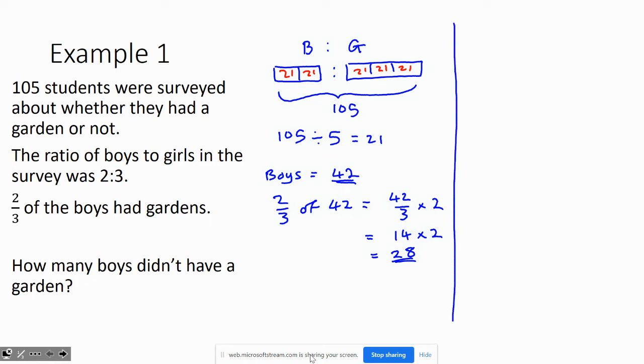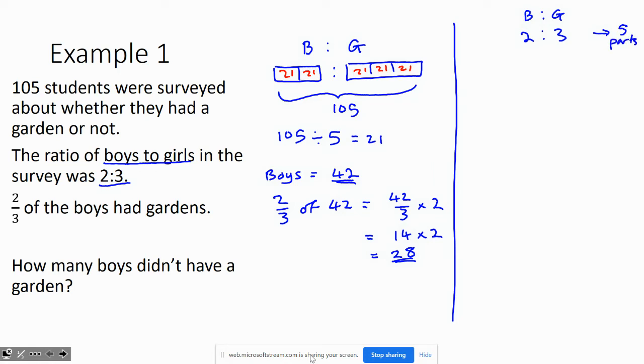You don't have to use the bar model there. We can recognize that we have the ratio 2 to 3, boys to girls. That's the order it was written in the question. Boys to girls, 2 to 3. Then you can see that we have a total number of parts of 5 parts.